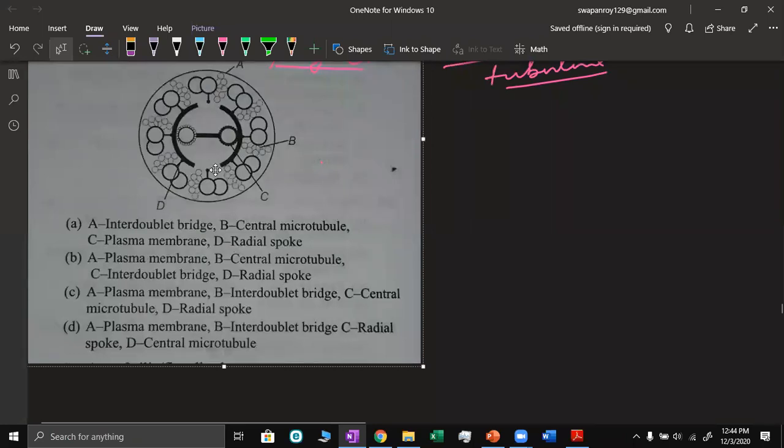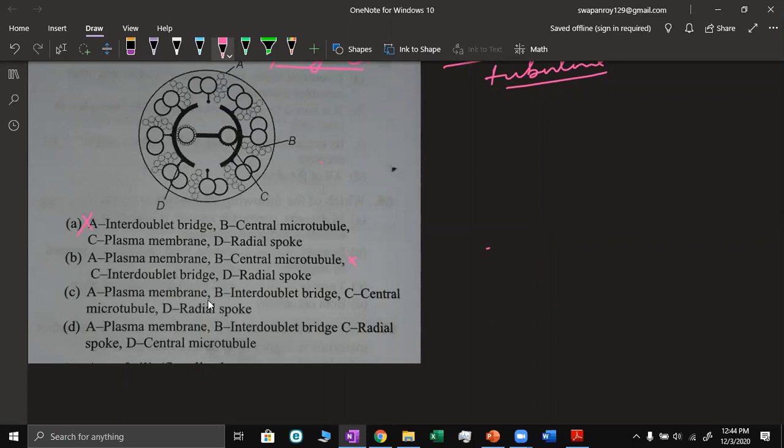Which one will be correct? A, interdoublet bridges cannot be. B here, plasma membrane. This is correct. B, central microtubule. No, this one is also not correct.